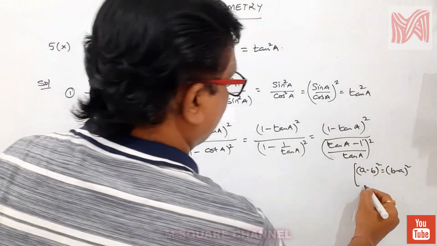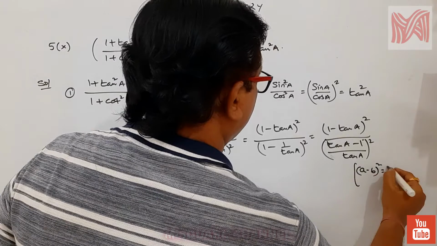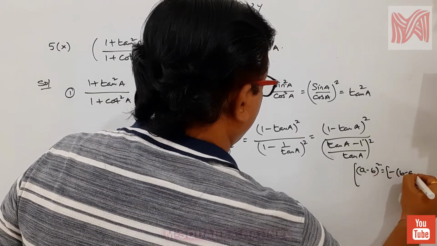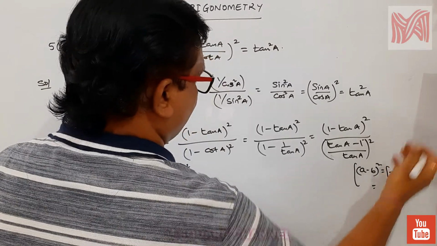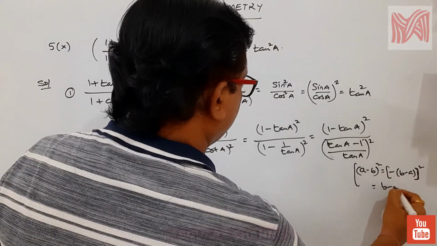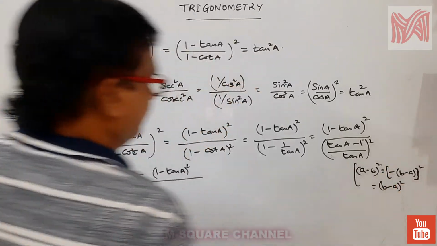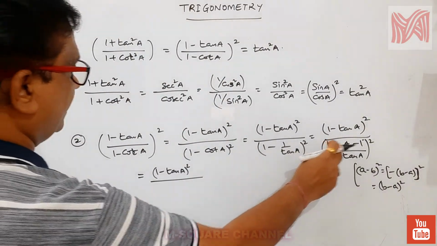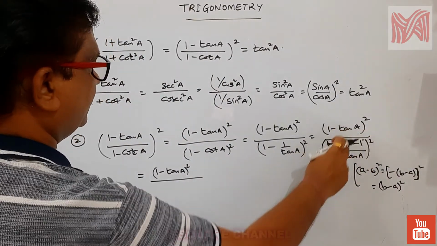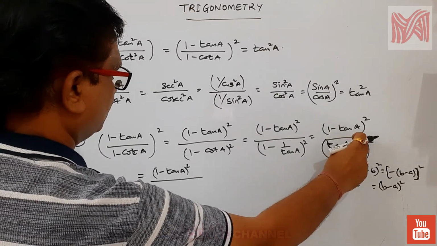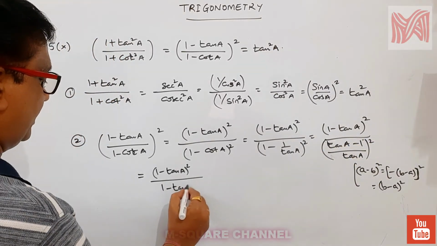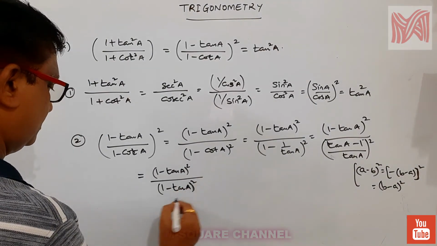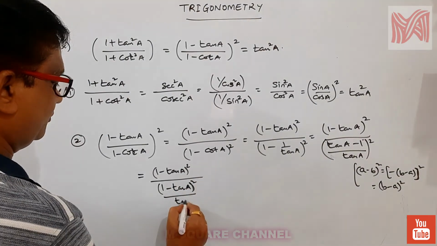Otherwise you can write minus of B minus A whole square, that is minus 1 whole square, which means plus only. Same as here: 1 minus tan A is there, here tan A minus 1, so we introduce this part here, 1 minus tan A whole square by tan square A.